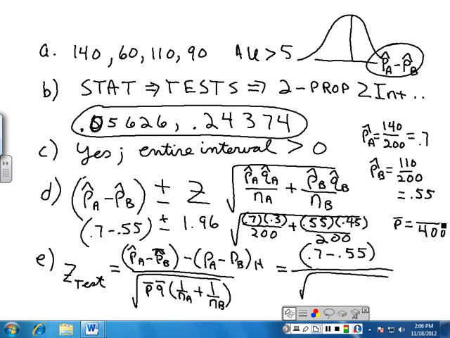And we had a total number of yeses of 250. That's just 140 plus 110, which is 250. And that all comes out to be 0.625. So here we'll have 0.625, and 1 minus that, 0.375.